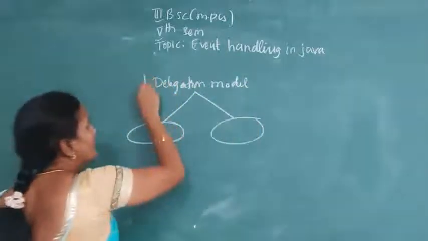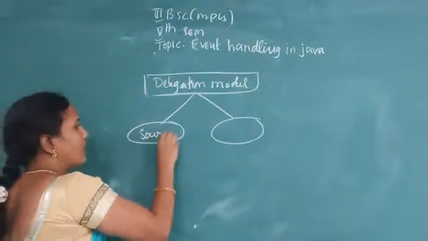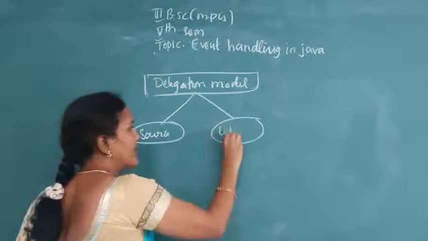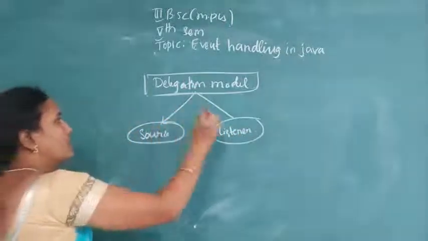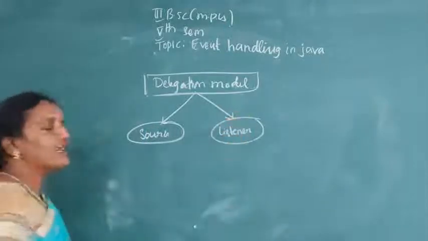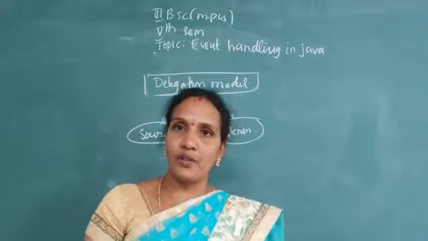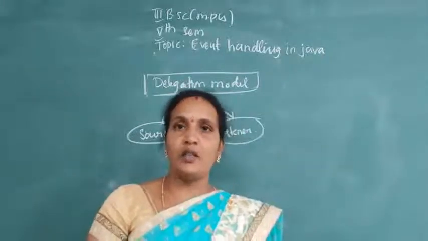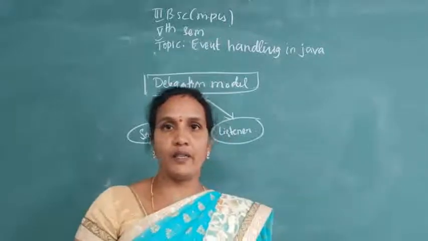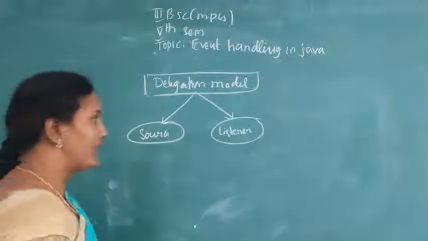One is the source and the second one is the listener. Okay, one is the source and the second one is the listener. Understood? So whenever any event is performed on the form, Java handles that event using two components, that is, the source and the listeners.